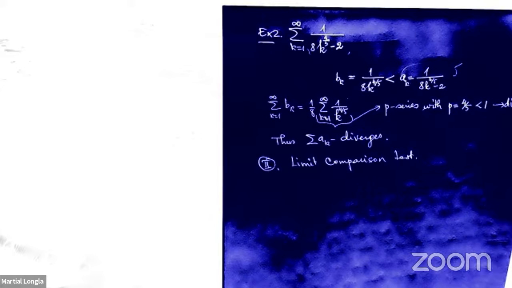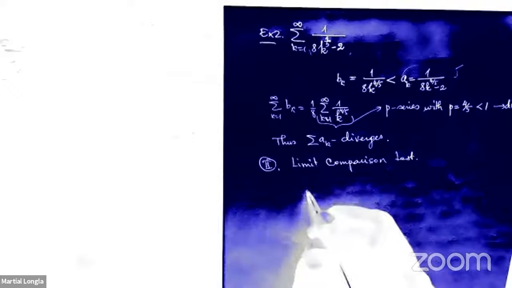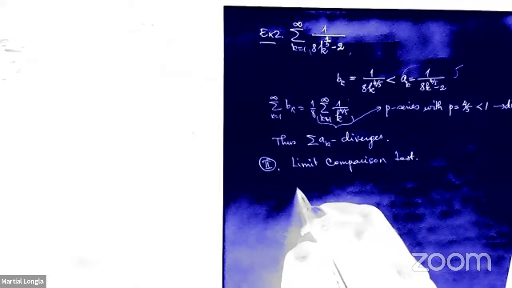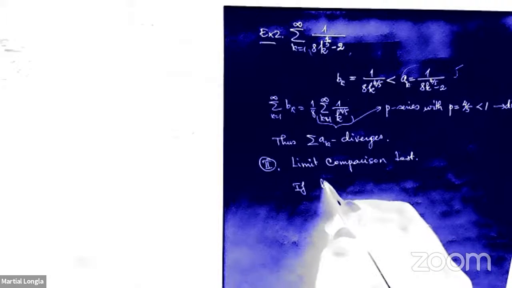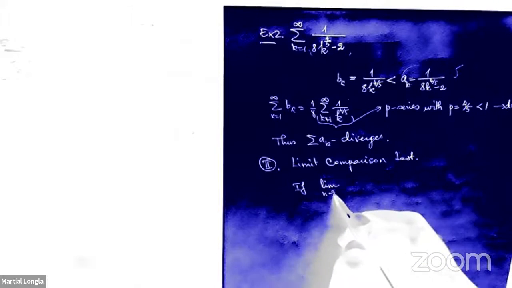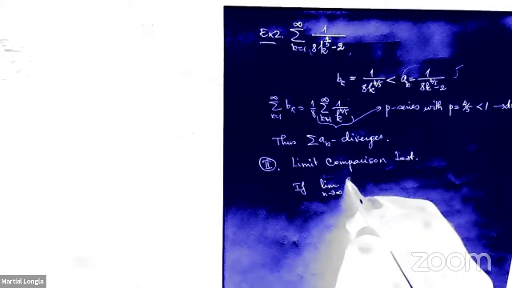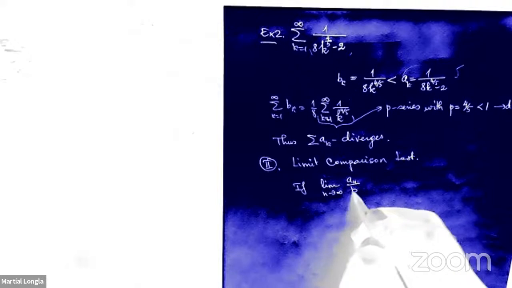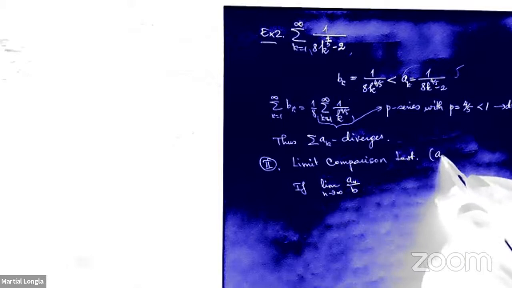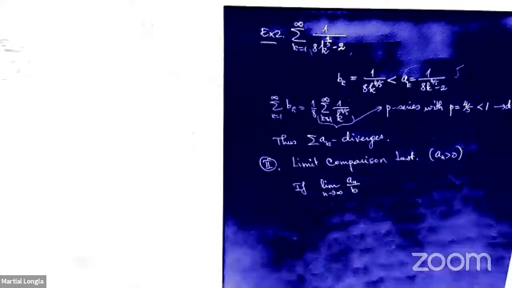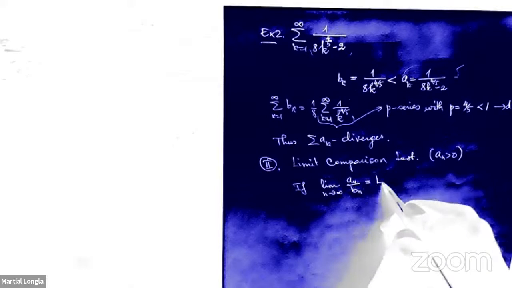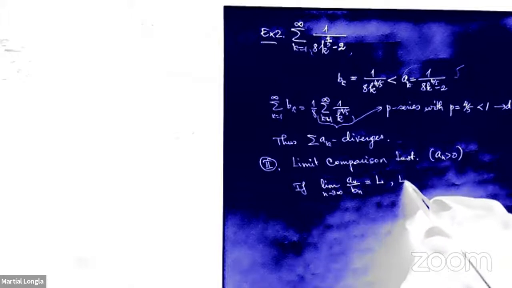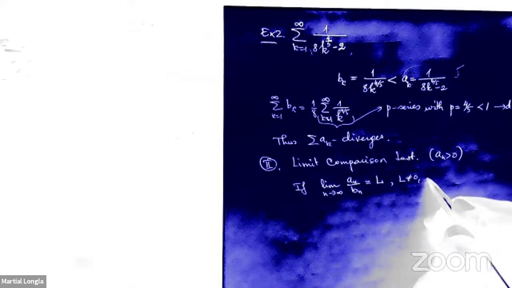So if limit as n goes to infinity of an over bn, and you remember we are still talking about positive sequences, of an over bn equals L. L is not 0.